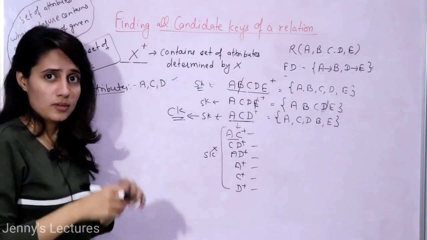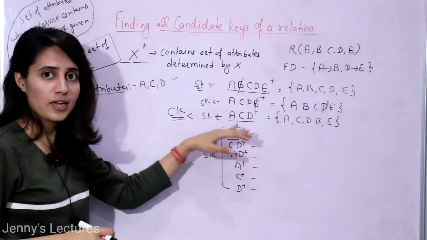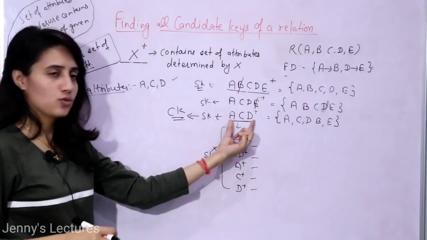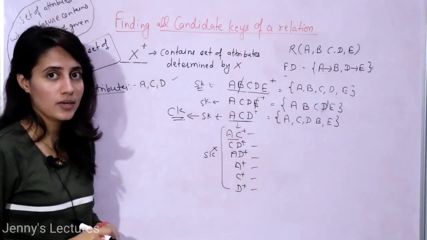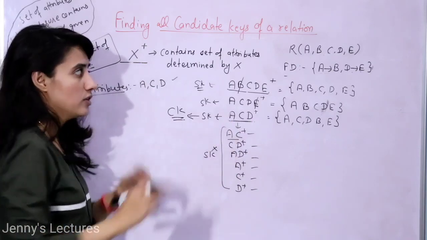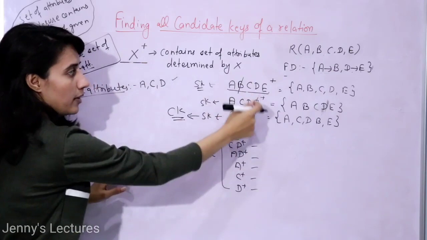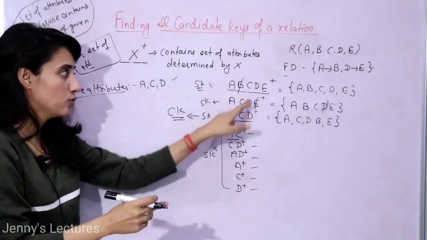In the previous case also I took the same example and told you that the only candidate key is this one, there is no other. Now how to check this condition? The first step is that we discard the attributes one by one from a super key.